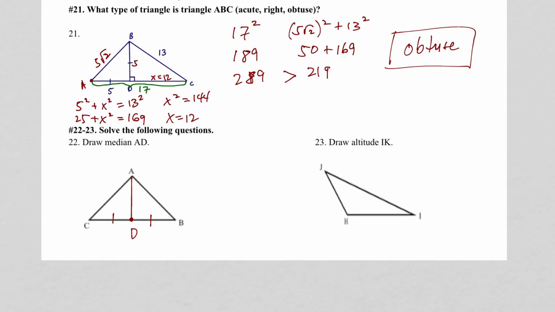Okay, the altitude IK. Well, here's I. And I need to hit this other line, but I'm not going to be able to hit it inside of the triangle because I won't be able to create a right angle there. So I need to hit it outside the triangle. So the first thing I'm going to do is extend this line. And I'll extend it with a dashed line. Okay?